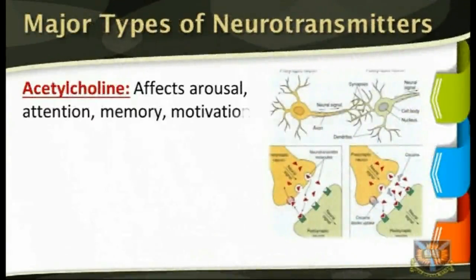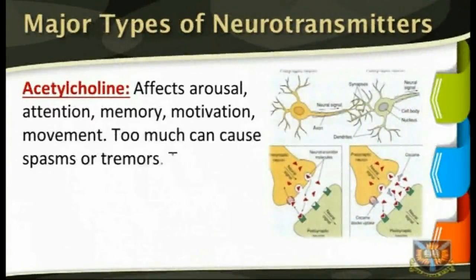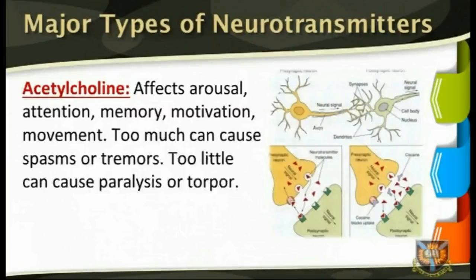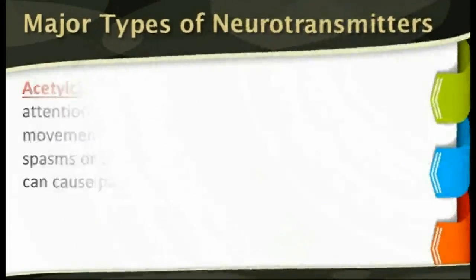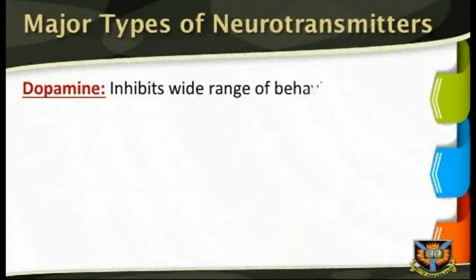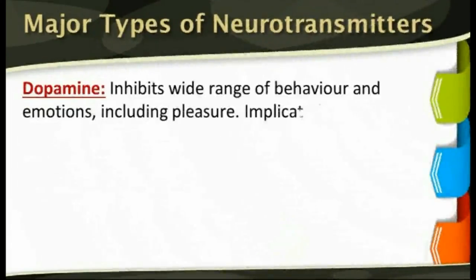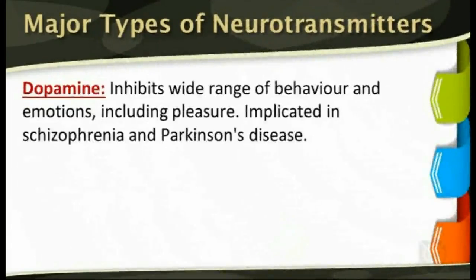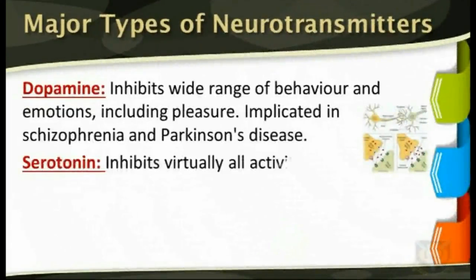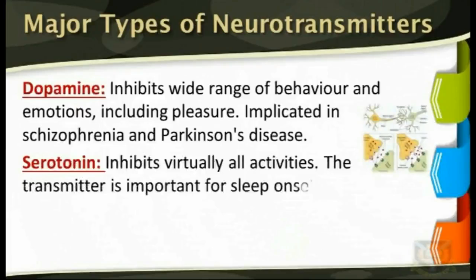Number 1. Acetylcholine, which affects arousal, attention, memory, motivation, movement. Too much can cause spasms or tremors. Too little can cause paralysis or torpor. 2. Dopamine. Inhibits a wide range of behaviors and emotions, including pleasure, and is implicated in schizophrenia and Parkinson's disease.